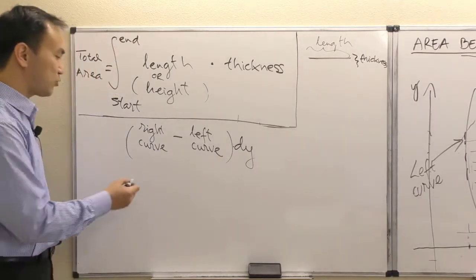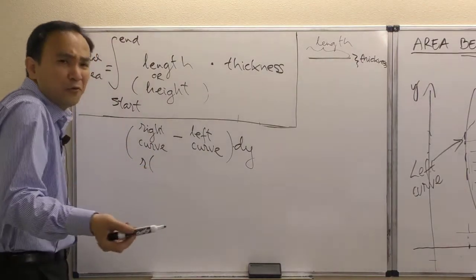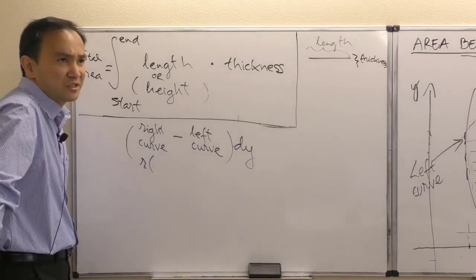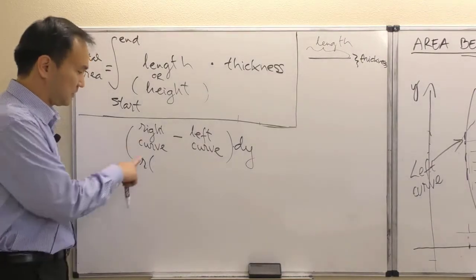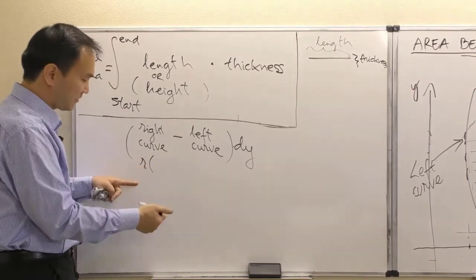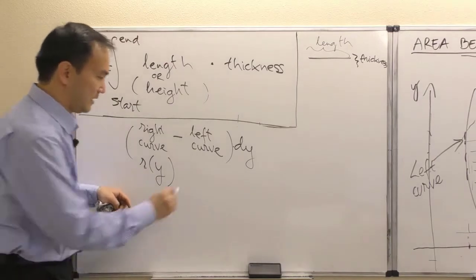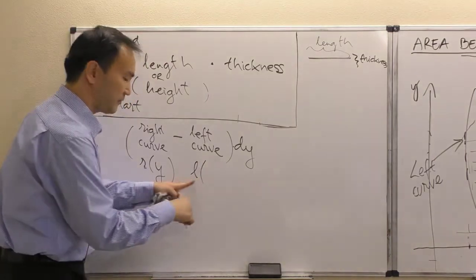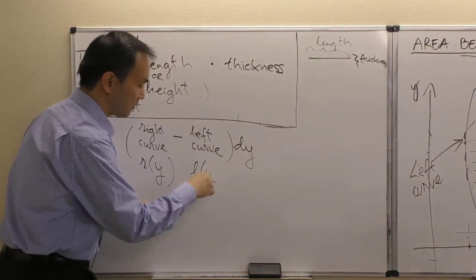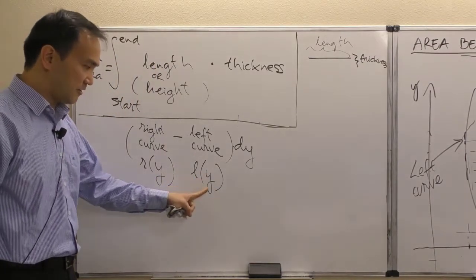So the right curve I have to express as some function r. r is for right. Many textbooks use e and f or whatever, but I go with the concept of left and right. So r of y, and this is L, the left curve, L of y. Right curve as a function of y, left curve as a function of y.